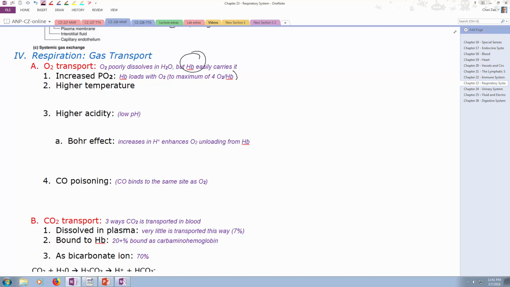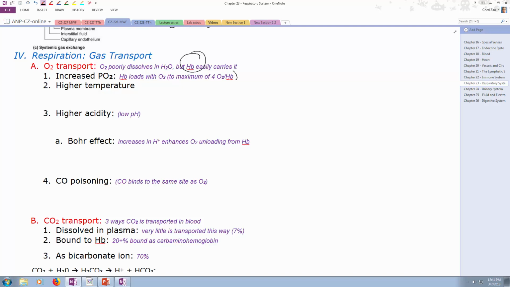Because where is it warmer as far as hemoglobin carrying oxygen? At the level of your lungs or at the level of the tissues? At the level of the tissues. So where would you like to give up oxygen the most? At the level of the tissue. Where would you like to load up oxygen the most? At the lungs.